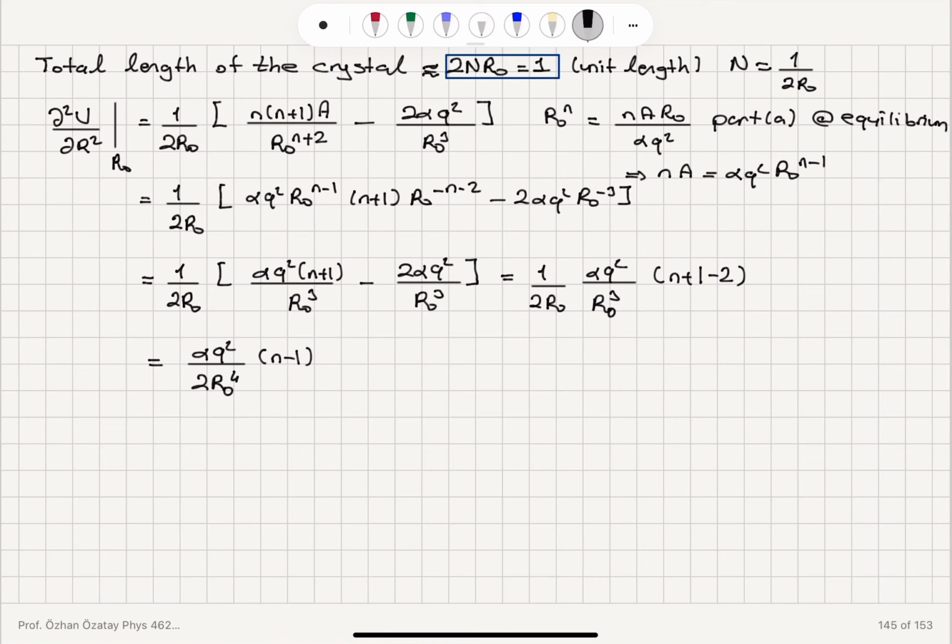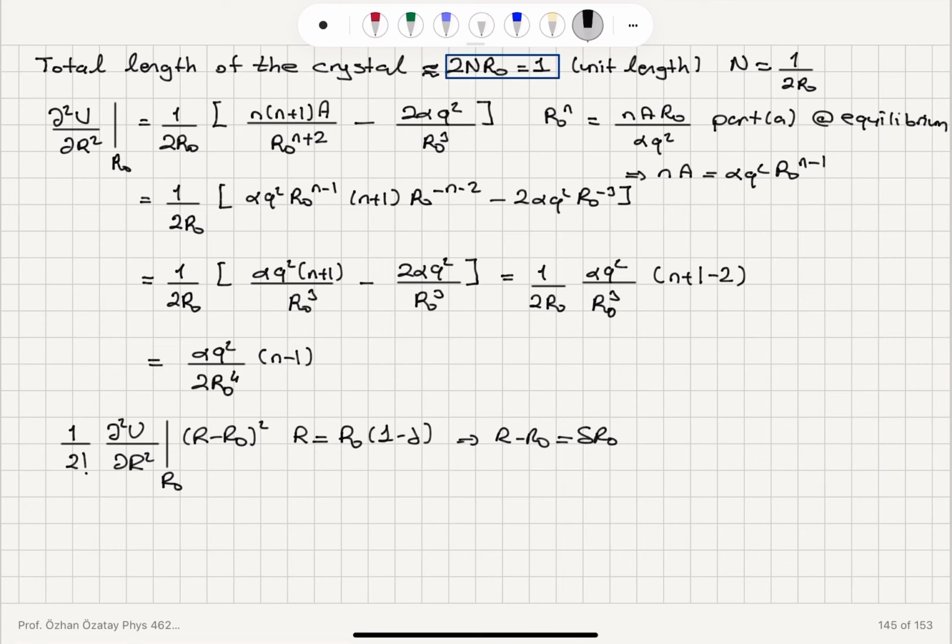Okay. Now, what is 1 over 2 factorial del square u del r square evaluated at r0, r minus r0 square? R is r0 times 1 minus delta. So r minus r0 is once again delta times r0.